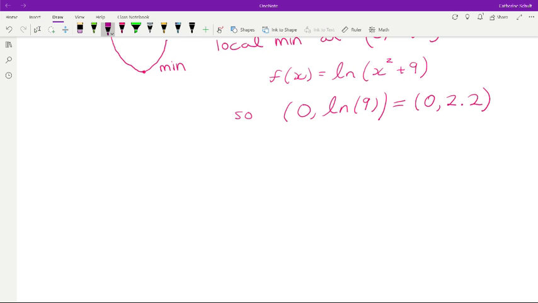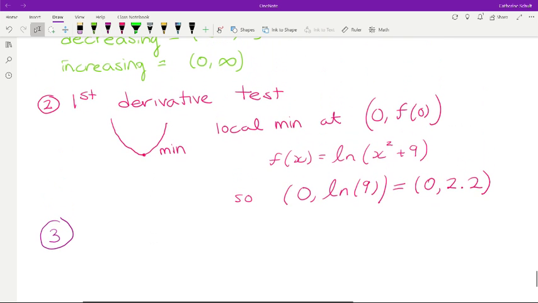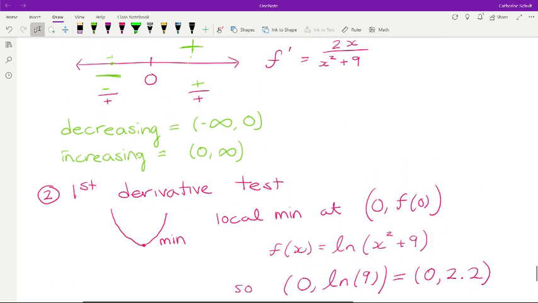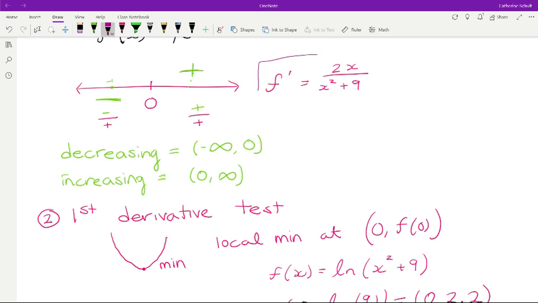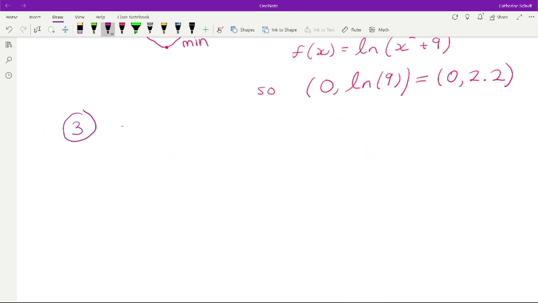Okay, so the last thing we're going to need is the concavity, and that's the second derivative test. Here it is: 2x over x squared plus 9. Let me write it down here. We have to find the double derivative, so we have to take the derivative again, because concavity deals with the double derivative.